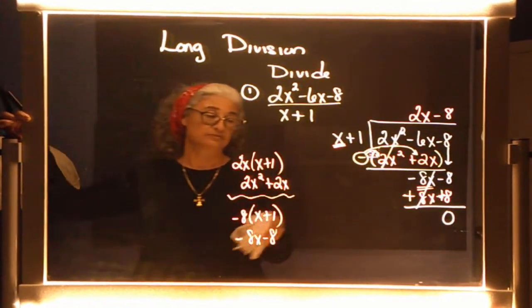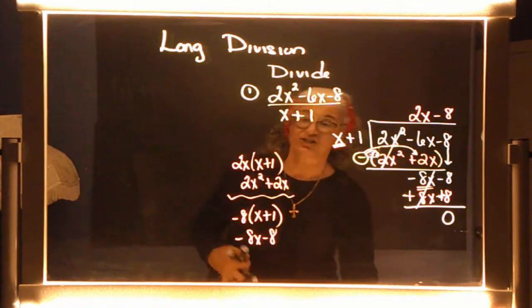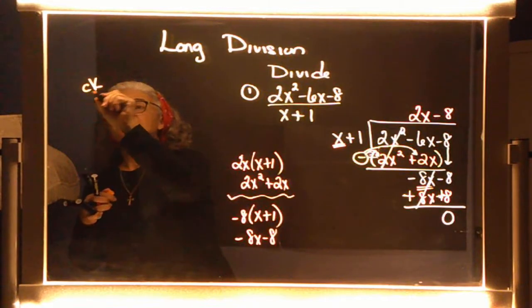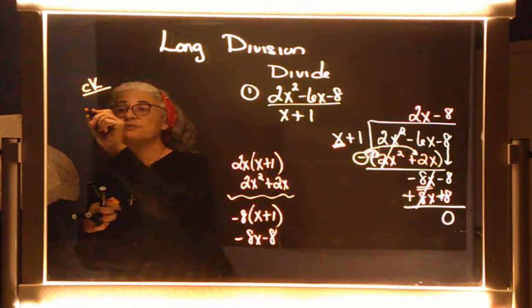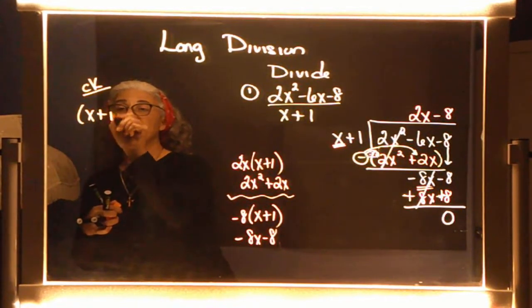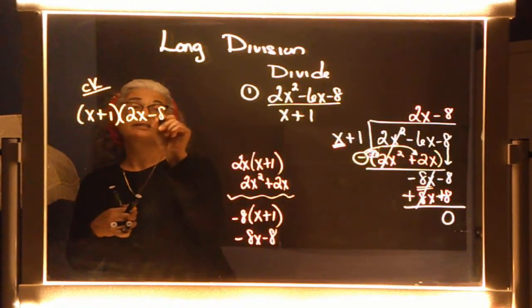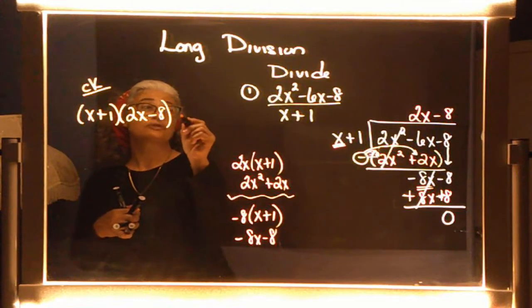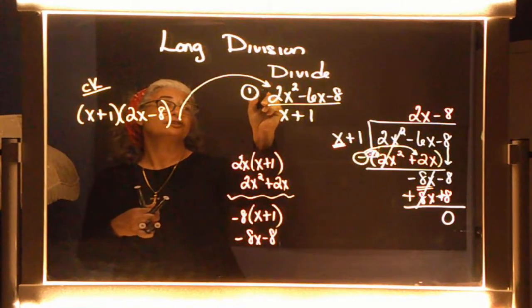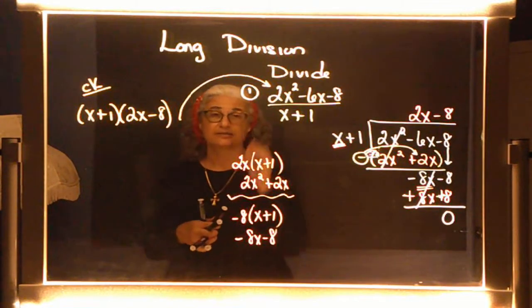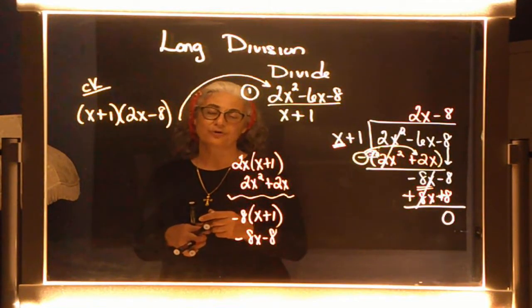So for me to check my work, I would have to take the x plus 1 on the outside and multiply by the answer I got, 2x minus 8. And when I do this distribution, I better get that numerator of 2x squared minus 6x minus 8. Agreed? Cool. Hang in there.